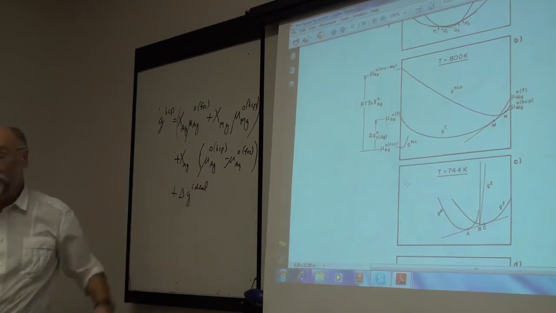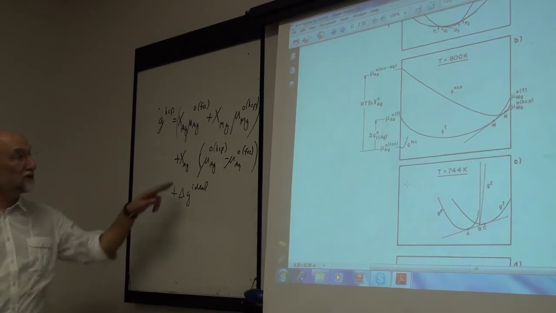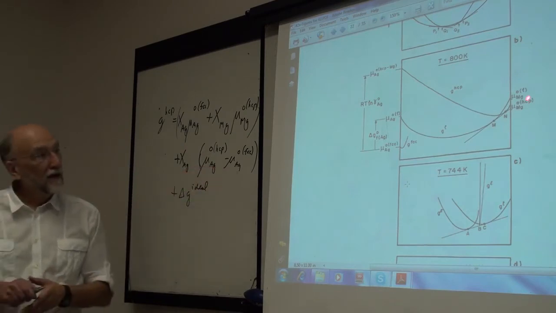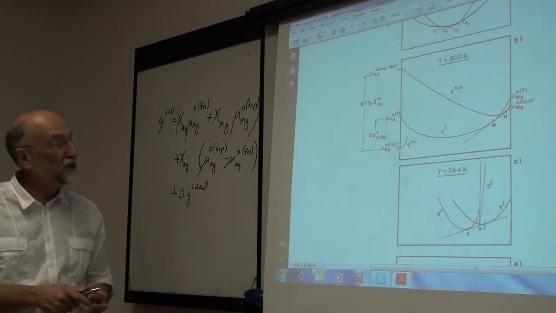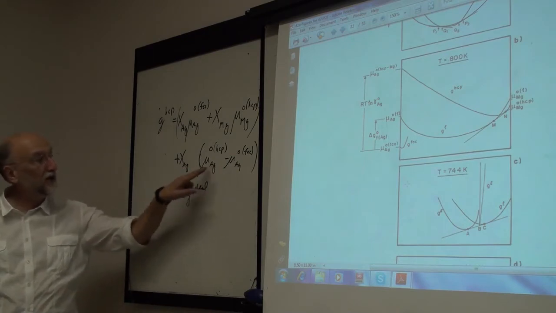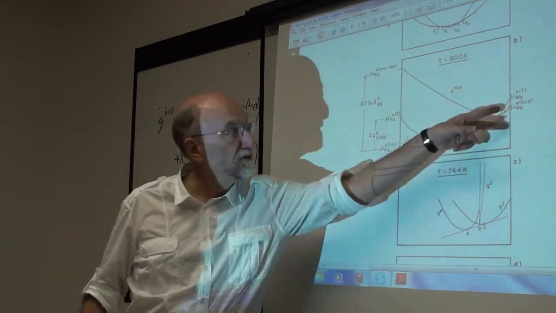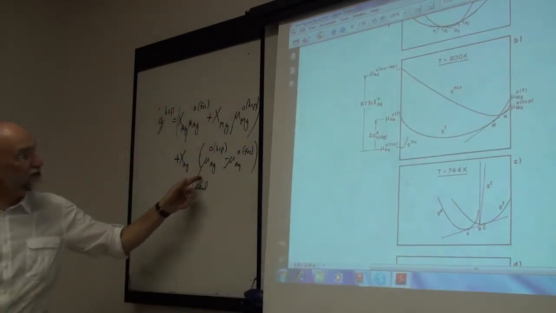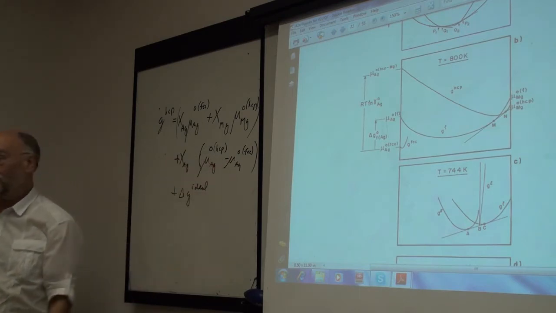Every time you add a silver, you get the same energy increment. Every silver goes into the same environment of being surrounded entirely by HCP magnesium. The pure silver was in an FCC, it now dissolves and finds itself in an HCP environment, and this is the difference in energy, which is positive because the silver likes FCC, it doesn't like HCP.